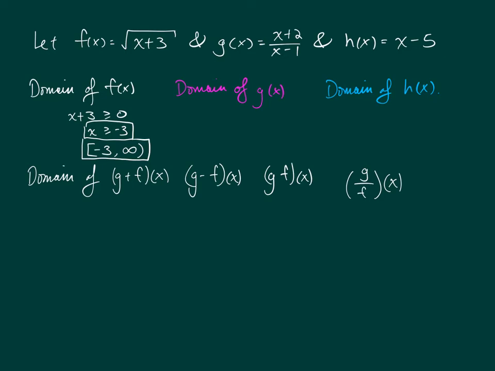Now for the second domain, the domain of g of x, we have a different type of function. There's x plus 2 over x minus 1. Now anytime you have a variable in the denominator, you need to be wary that that denominator might be equal to 0.